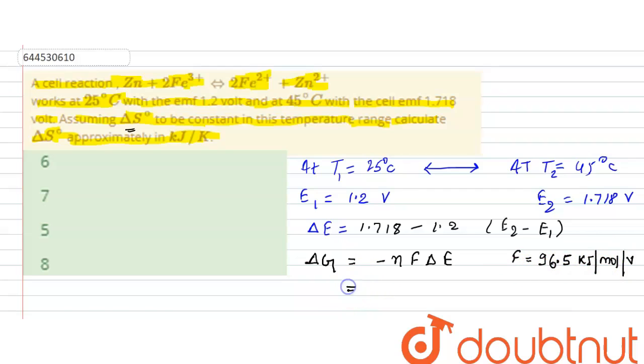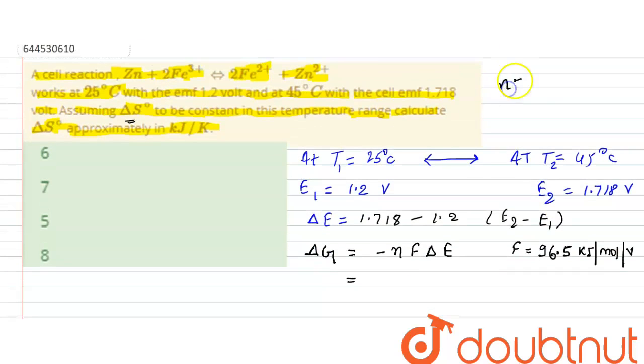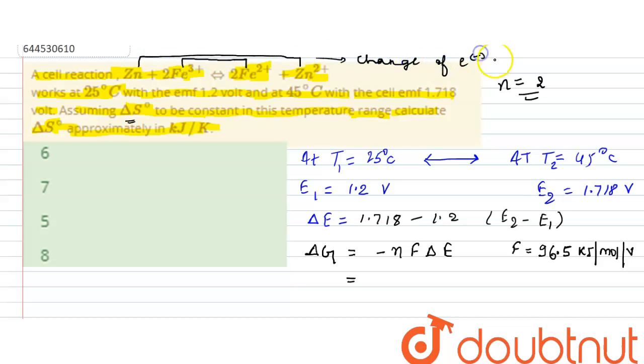Now what is the value of n here? n will be equal to 2, because of the change of electrons from Fe3+ to Fe2+ and from Zn to Zn2+. The change of electrons is 2.